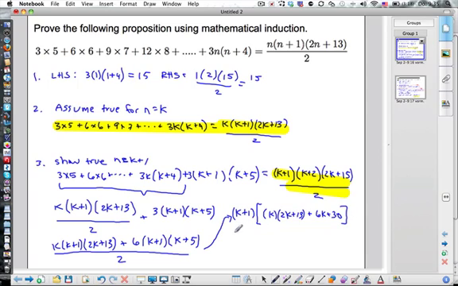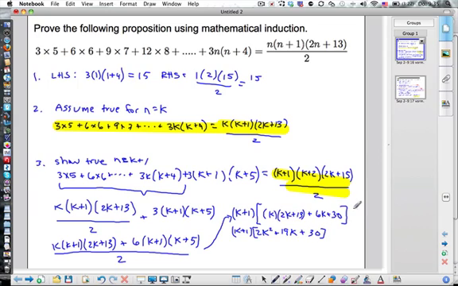And if we distribute that k to that piece inside the square bracket, we have 2k squared plus 13k plus 6k, so that's 19k, plus 30.